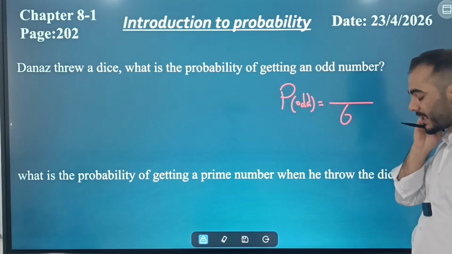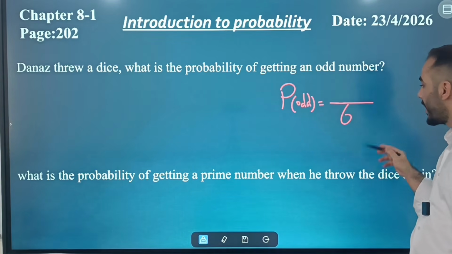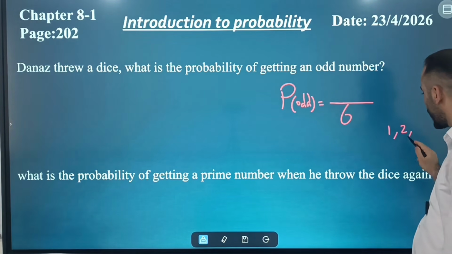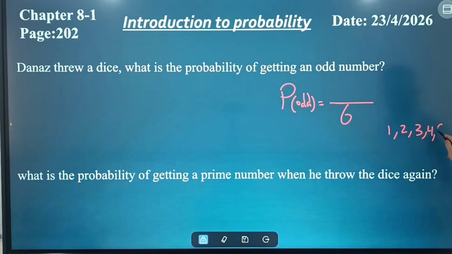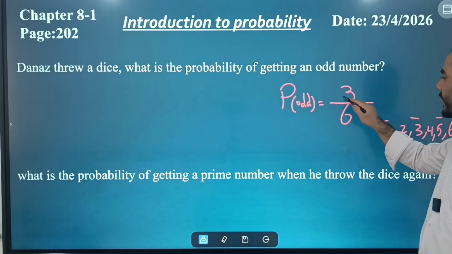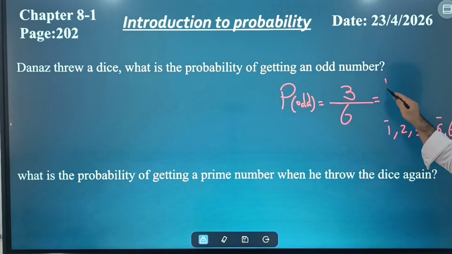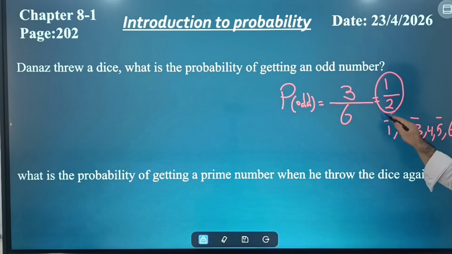We have 6 outcomes: number 1, 2, 3, 4, 5, and 6. How many of them are odd? Number 1, number 3, and number 5. I hope that you know what odd and even numbers are. So 3 over 6, and if you simplify it, it equals 1 over 2. So half of these 6 numbers are odd numbers.